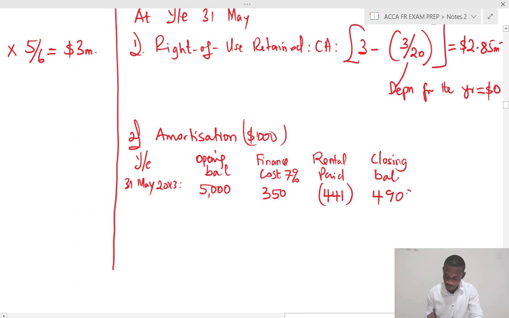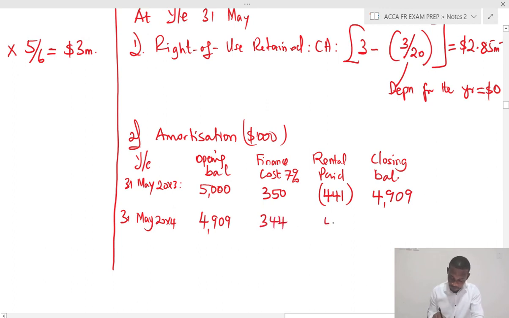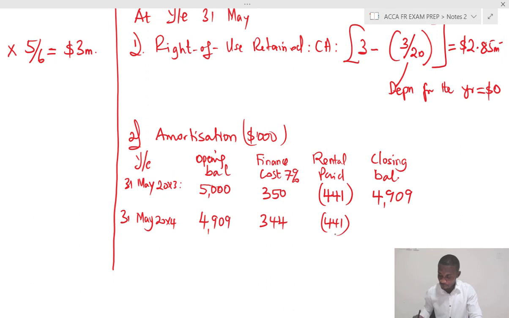We go to the next year so we can find the carrying amount. This will be X4, 4,909. Again, 7% on this gives us 344. And we have 441 again. So 4,909 plus 344 less 441 gives us the balance at year end, 31st May 20X3.